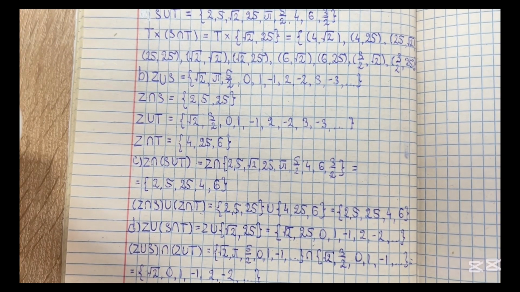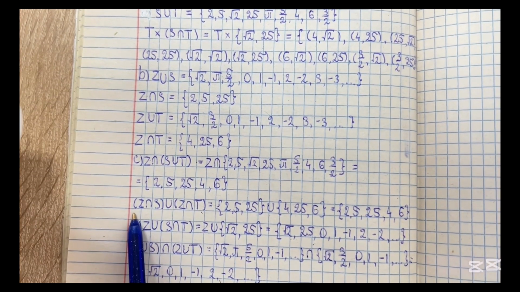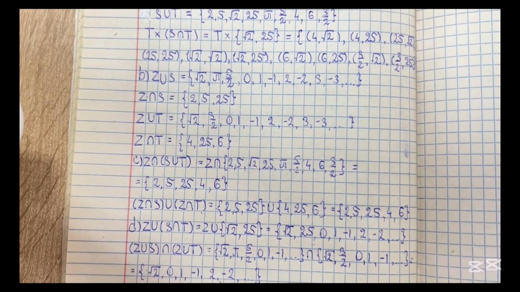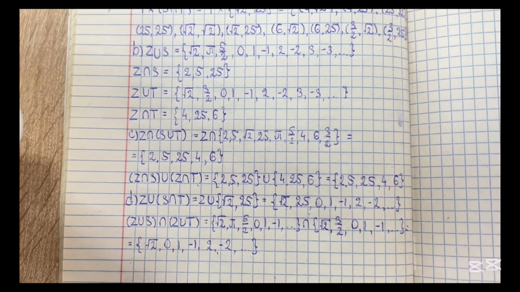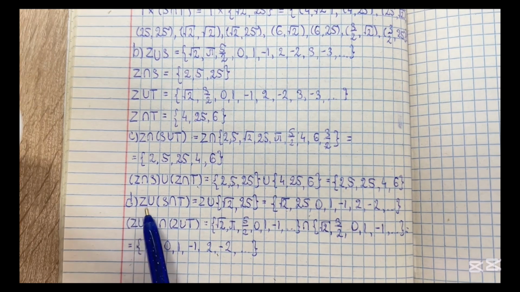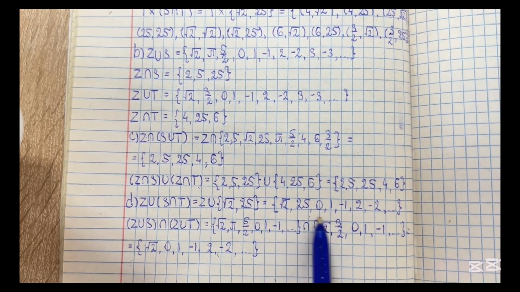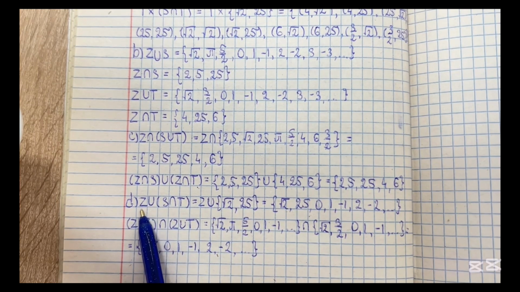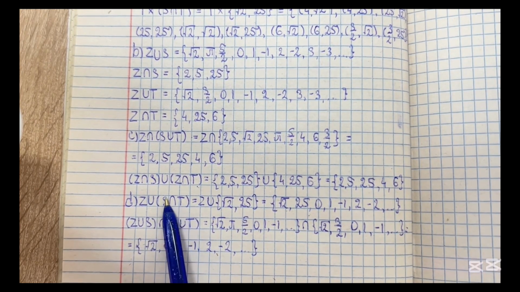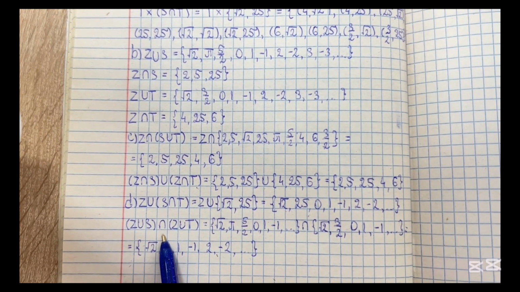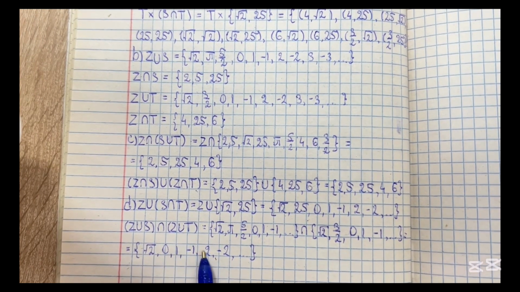That's why we can say that this expression is equivalent to this expression due to the distributivity law. And the same situation we can also see in the D part, because here we do the same actions and finally have the same answers in Z union with the intersection of S and T, and the intersection of Z union with S and Z union with T.